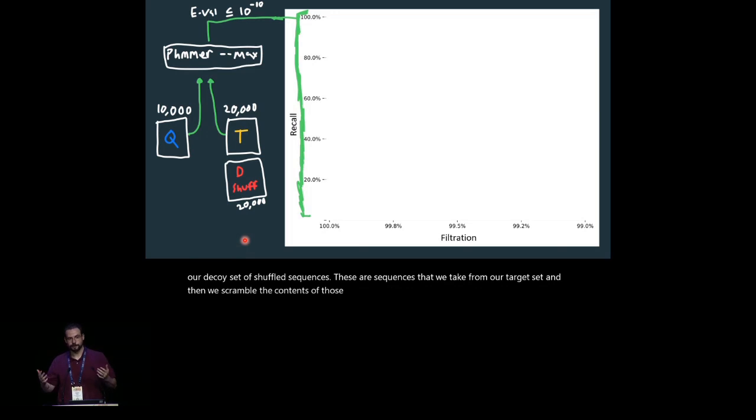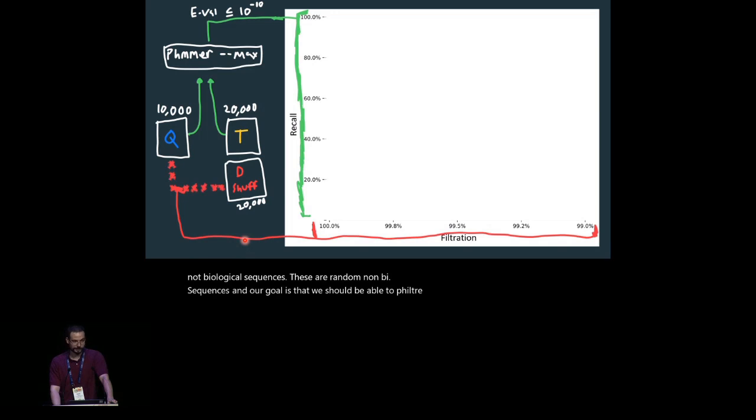They're shuffled, they're random. These are not biological sequences. These are random non-biological sequences. And our goal is that we should be able to filter out all query decoy pairs. There's nothing in our decoy set that is related to our query set, so we should be able to filter all of these out.